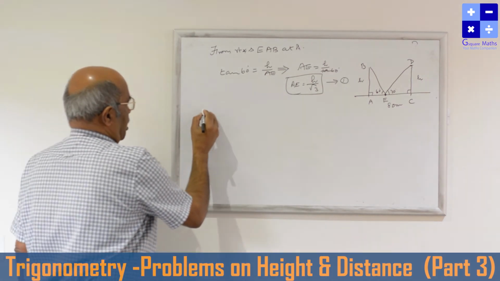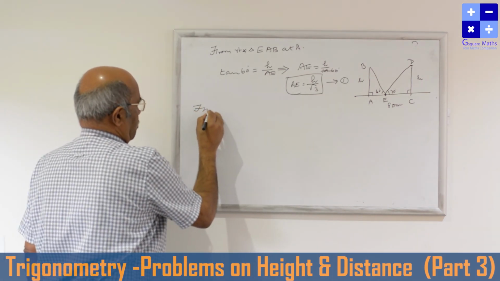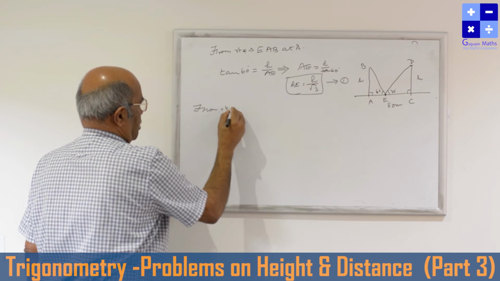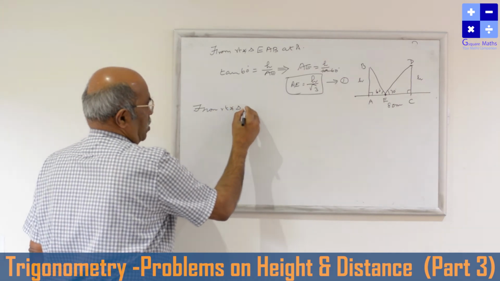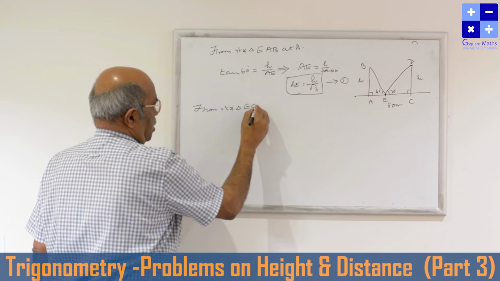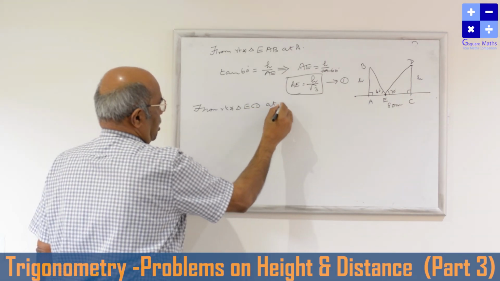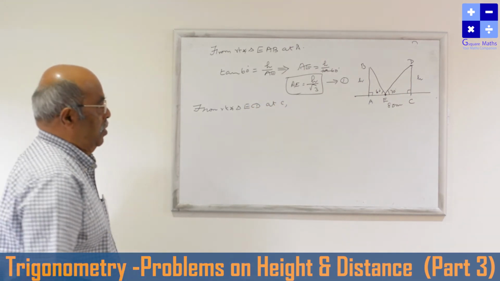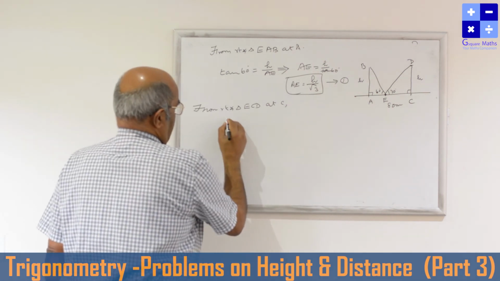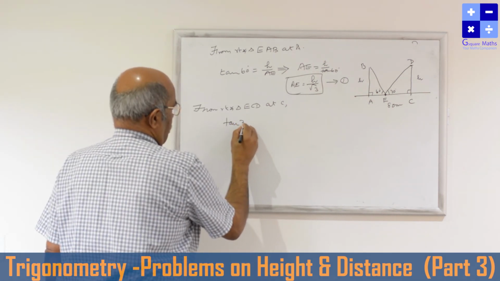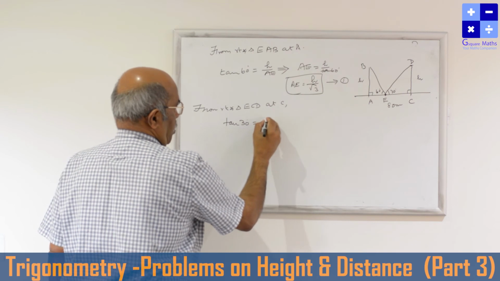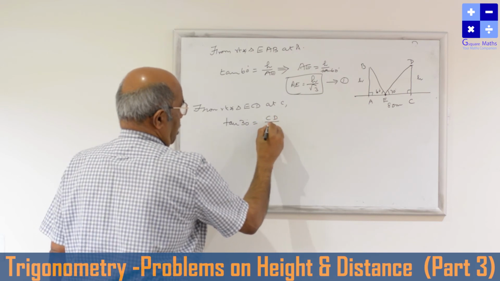Now consider another right angle triangle. From right angle triangle ECD at C, tan 30 is equal to CD by EC.